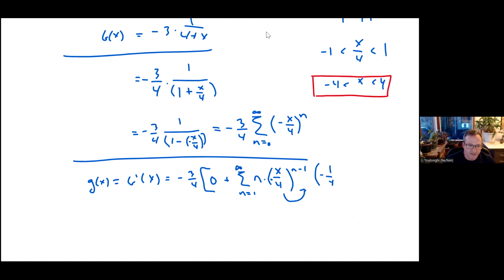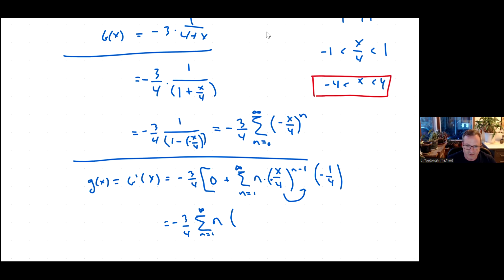Okay, a little bit of simplification work here. I can still leave this -3/4 out in front. The 0 term is going away. I'm going to still start at 1 for a minute, from 1 to infinity. So I've got my n, I've got a -1/4 to the n minus 1 and another -1/4 here.